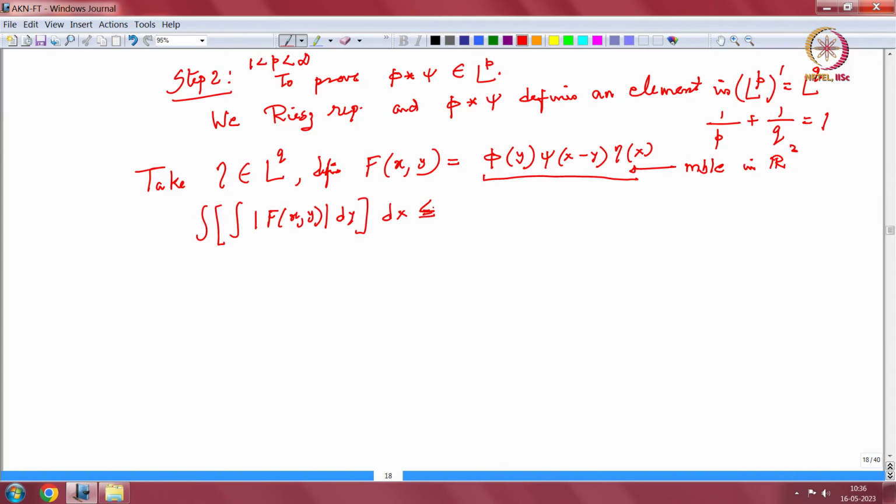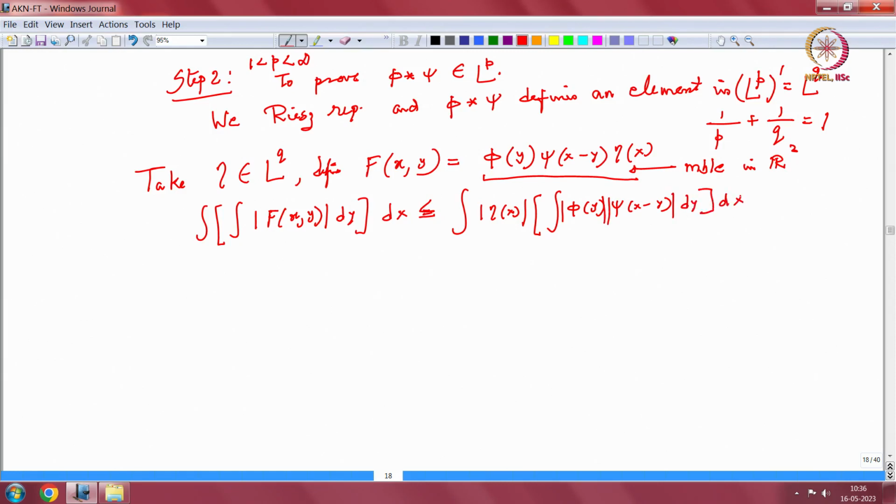That is a standard trick. You get the integral of modulus of theta x, and then the integral of modulus of phi of y psi of x minus y, dy, dx.